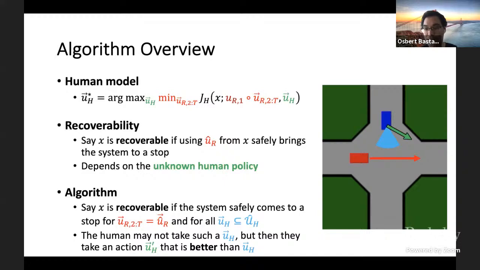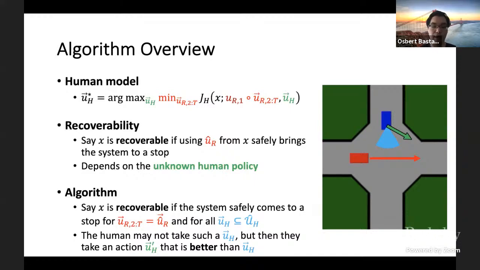So for example, they might take the green action illustrated on the right-hand side, which is not in this set. But the key thing that we're leveraging here is that because the human is acting rationally, this green action must be better than any of the blue actions. And because the human is prioritizing safety, if all the blue actions are safe, then so is the green action. That's the basic intuition behind our strategy.